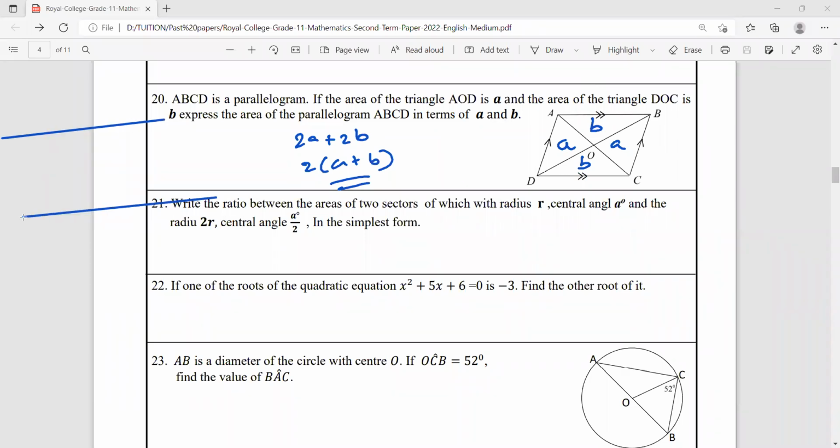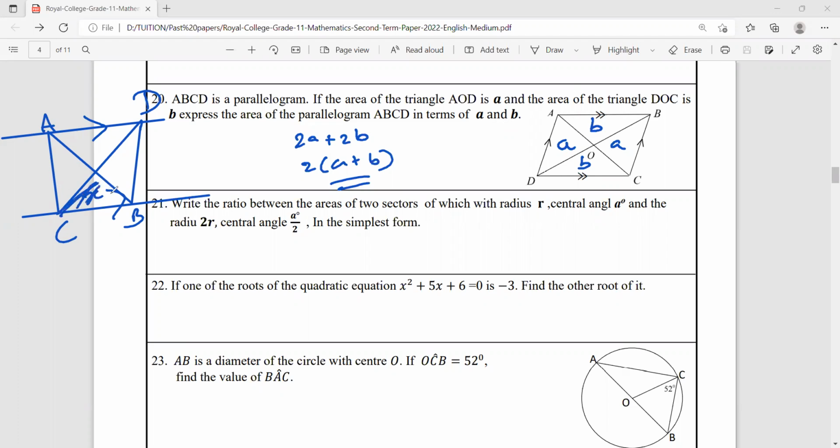If these two are parallel lines, so you have triangles like this. The area of these two triangles are equal. You can use this theorem here. A, B, C, D. So ABC and CBD areas are equal.